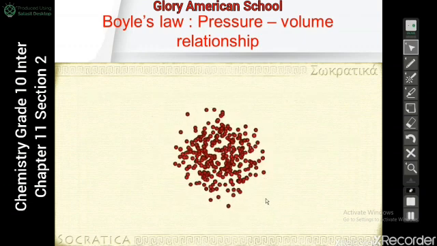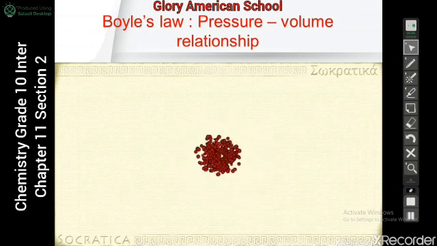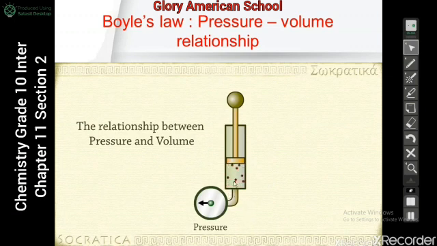If you exert a pressure on gas particles, we can compress it, making it take less space, lower volume. So imagine we have a hard container. If we decrease the volume of the container, the particles will occupy less space, so smaller volume.